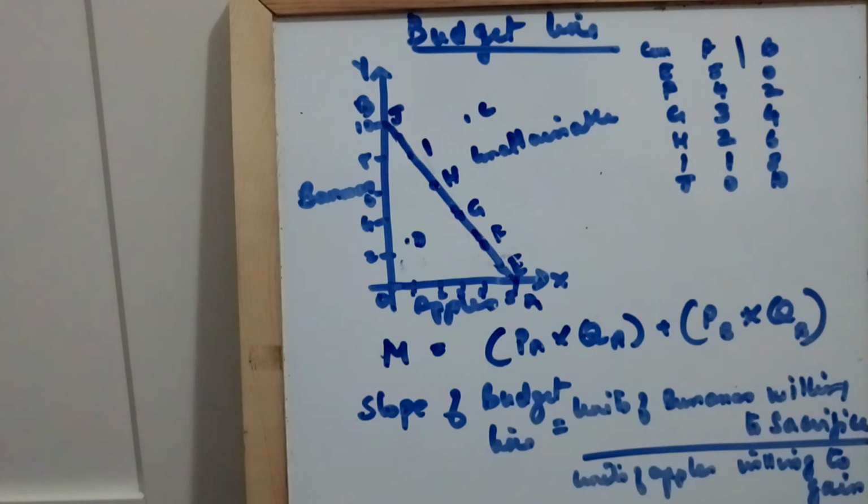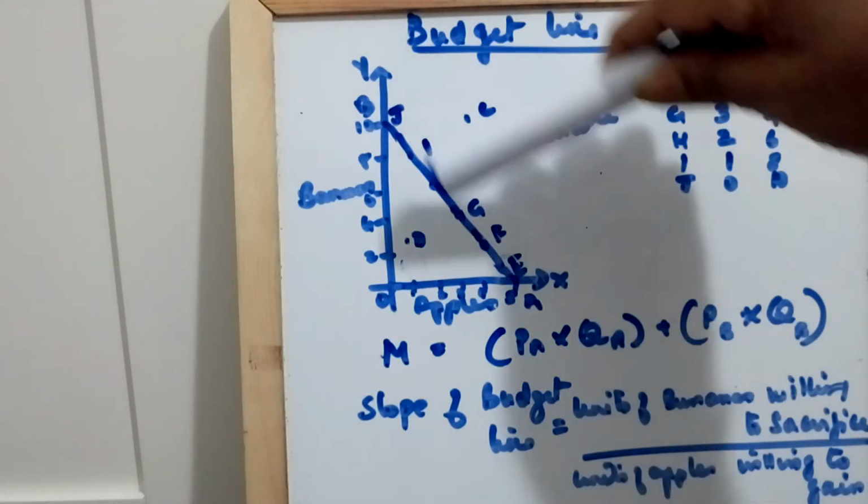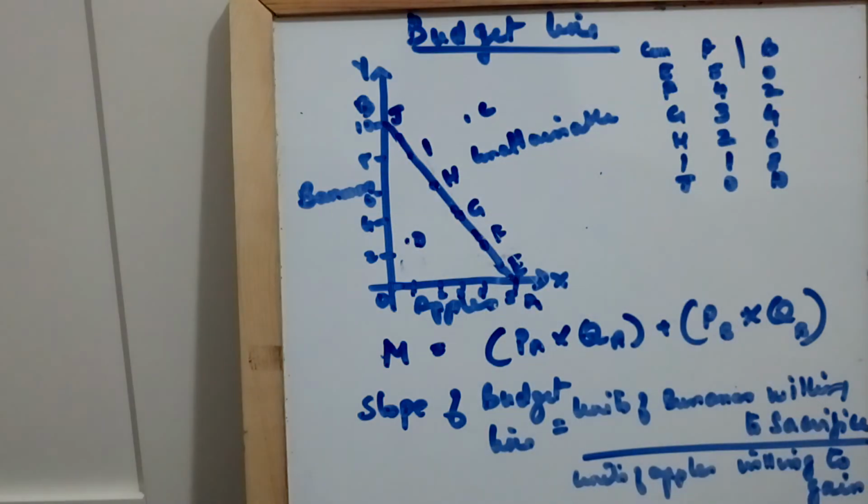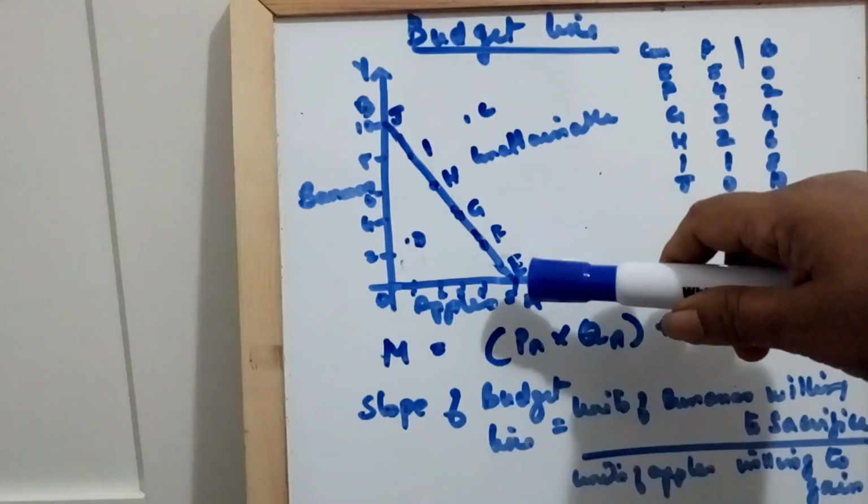Budget line is downward sloping. It has a negative slope because it slopes downwards as more of one good can be bought by decreasing some units of the other. So what happens here?